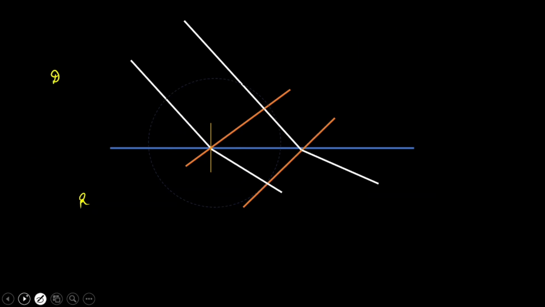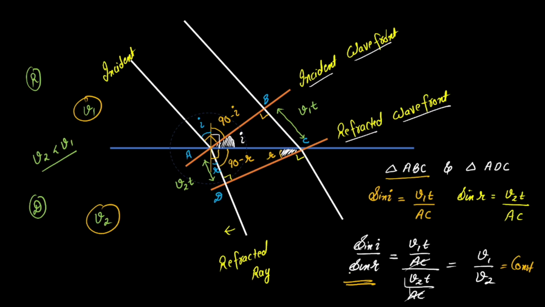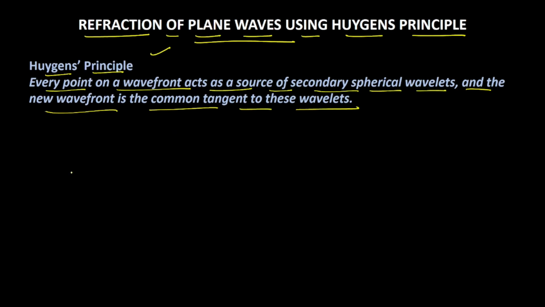But when the light goes from a denser to a rarer medium, it will bend away from the normal, but all the things would be the same. We can also define the incident wavefront and the refracted wavefront, and prove exactly the same thing. We will also get that sin I by sin r is constant even in the denser to rarer medium. I hope you are now clear with the refraction of plane waves using Huygens principle.